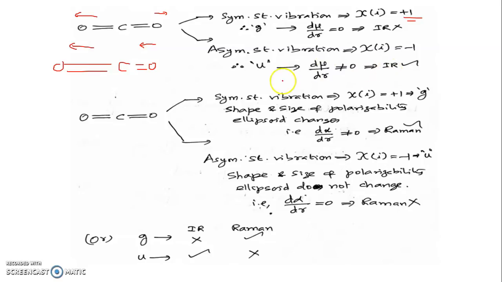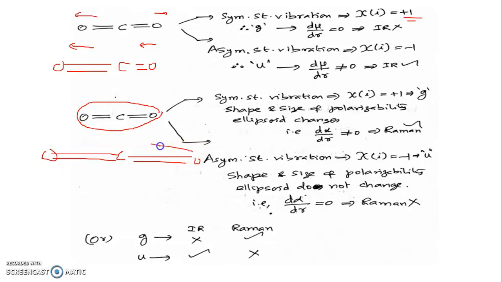Are you clear? Now why is it Raman inactive? What's the reason? How do we analyze Raman activity? If you take the symmetric stretching vibration, the character of inversion is +1, so it is gerade symmetry. In symmetric stretching, both bonds elongate. Before starting the vibration, this molecule has a small ellipsoid called the polarizability ellipsoid. When it undergoes symmetric stretching, the two bonds elongate simultaneously as well as compress simultaneously.